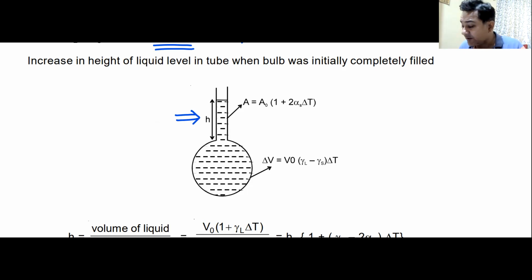So you first draw this diagram. Do you understand what this is? Yes, sir. We are finding out the change in area, and here we are finding out the apparent expansion of the liquid. Do you understand this? Yes, sir. Draw this diagram.